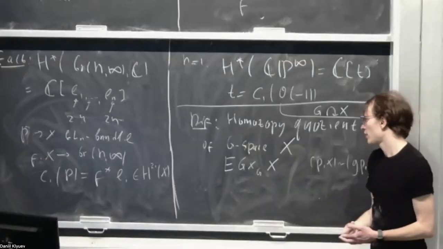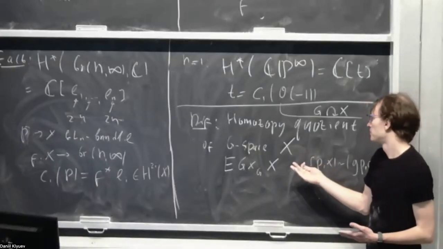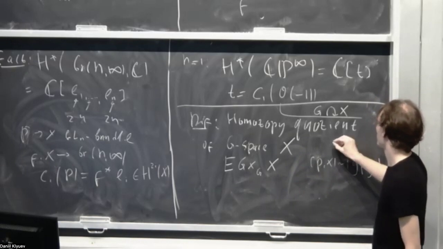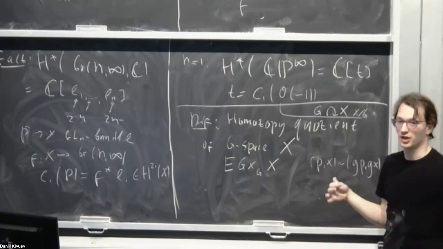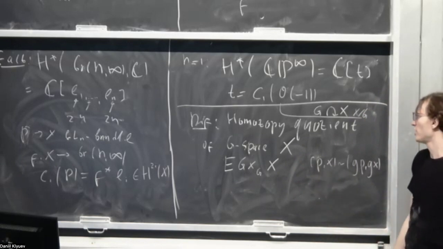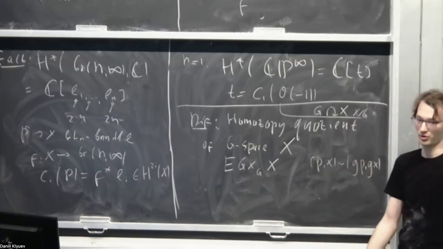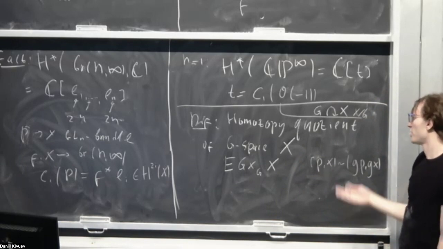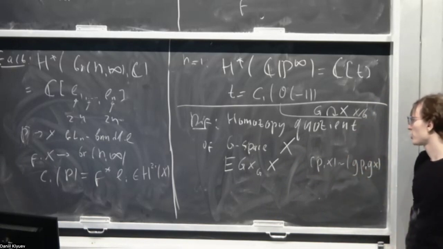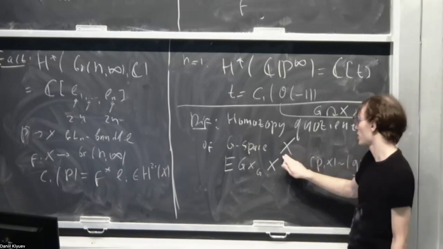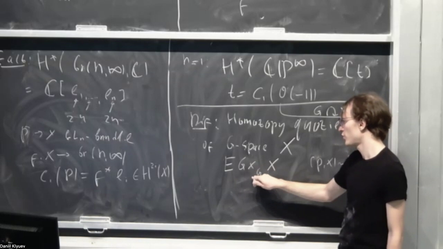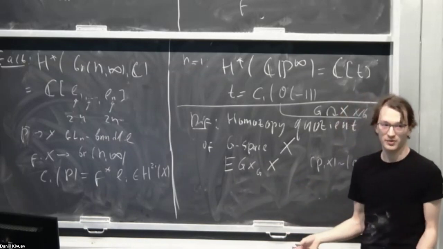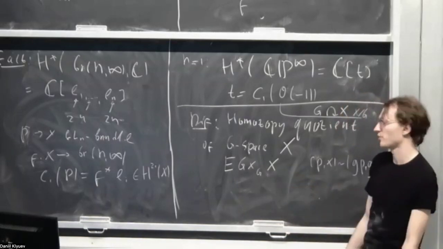So essentially we don't want to consider just the factor. X over G can be bad as a topological space, or if you do algebraic geometry, it can lose too much information. So we change X to something that is homotopy equivalent to it, but with a free action of G. And if the action is free, then you can quotient and nothing bad happens.